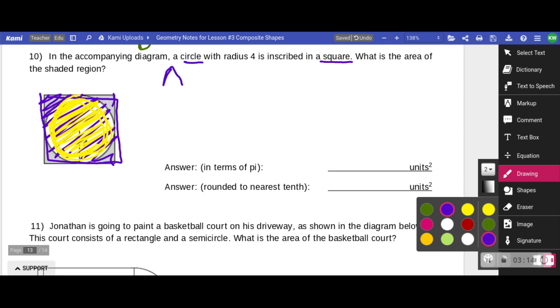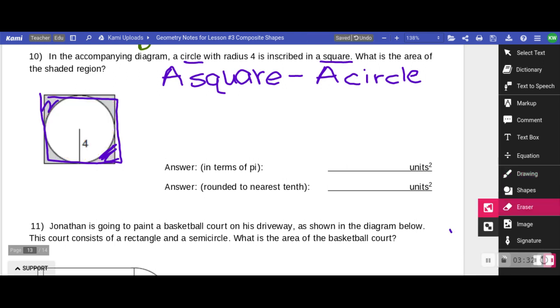I'm going to find the area of the entire square, and then if I take the area of the circle away, I'm left with just the area of these rounded shaded parts to the side. So let's go ahead and do that. So the area of the square.